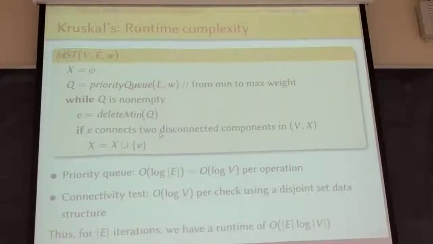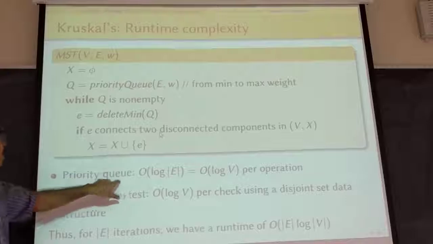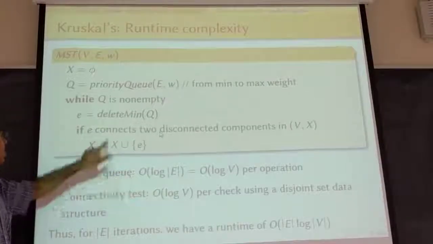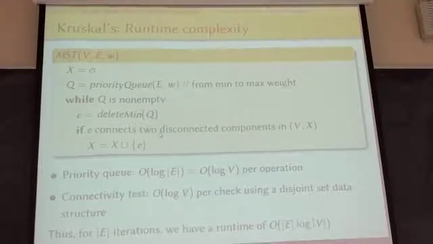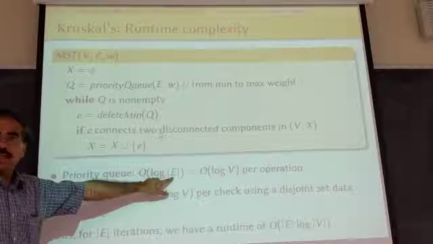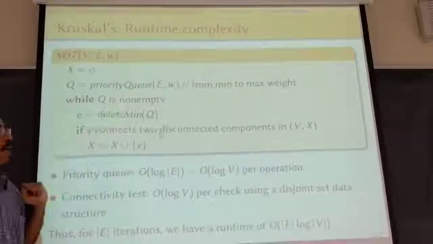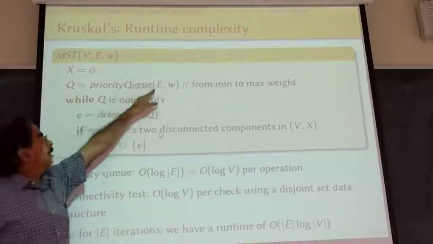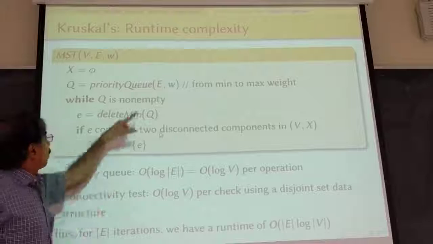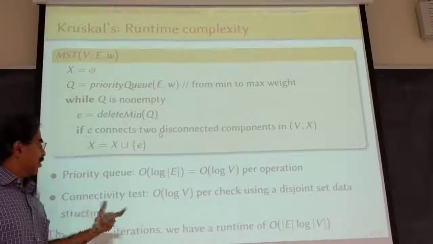So let's do the proof next time. Okay, so let's look at the complexity, right? Each DQ operation takes log of the size of E, right? Because it's a heap data structure we are going to use. The DQ operation takes log n on heaps. The number of elements in the queue is given by the number of edges.